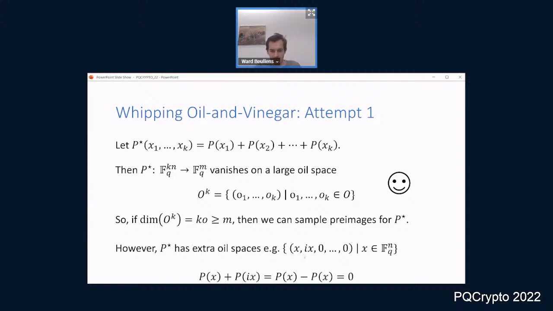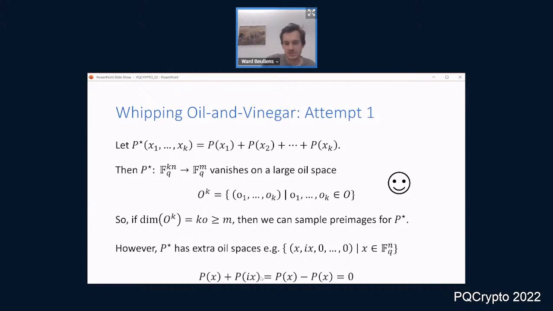For example, if i is a square root of -1, so we assume this exists in a finite field, then the space that consists of vectors x, ix, and then zeros is going to be an oil space, because P star of such a vector is just P of x plus P of i times x.